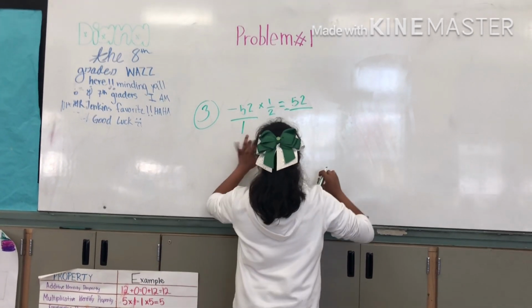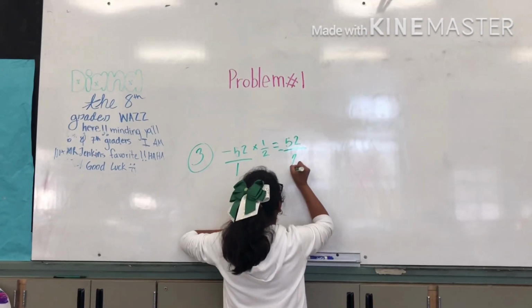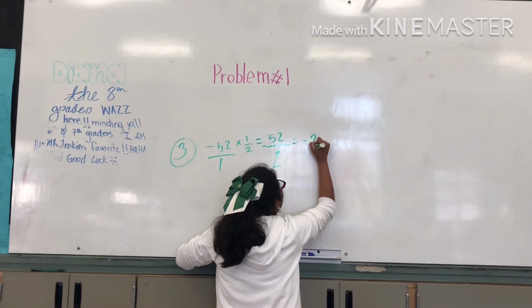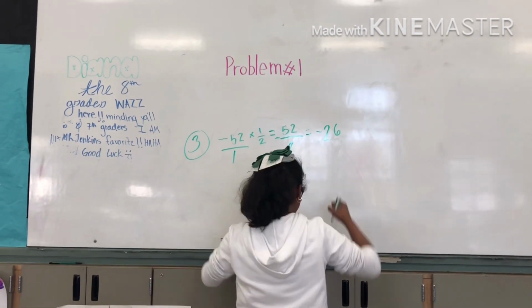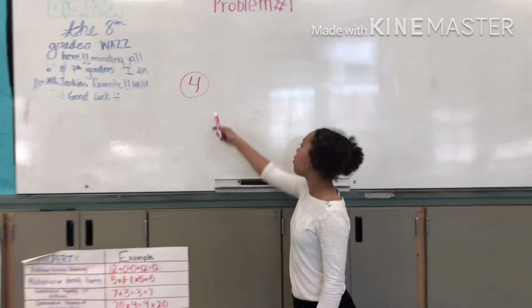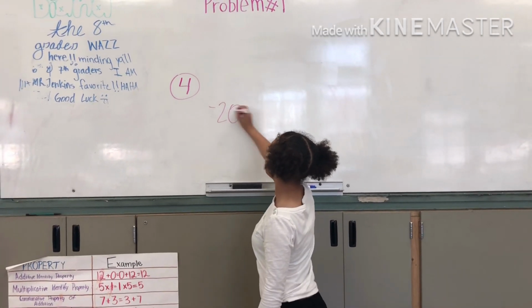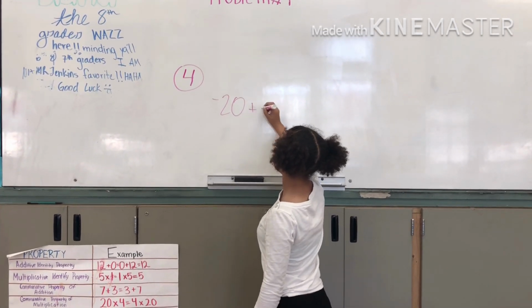And if you simplify negative 52 over 2, it would give you negative 26.